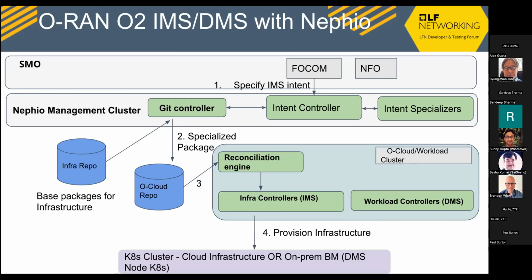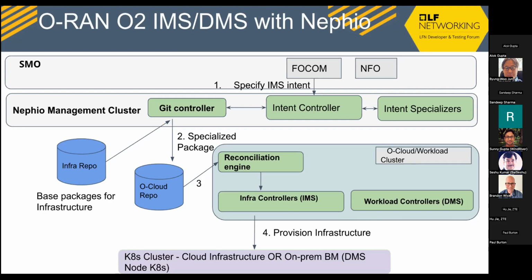What I can see in this flow is more of a three-tier architecture: the SMO, then the Nephio management cluster layer, and afterwards the infra controller, which you are calling an IMS. So the interface between FOCOM and the IMS is the O2 IMS interface, O2M in ORAN.